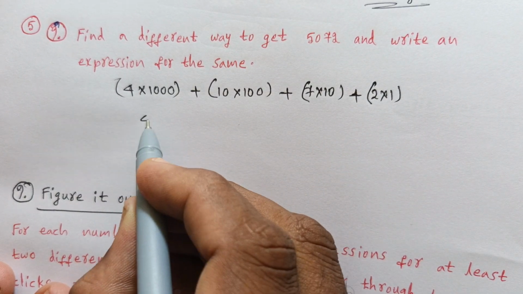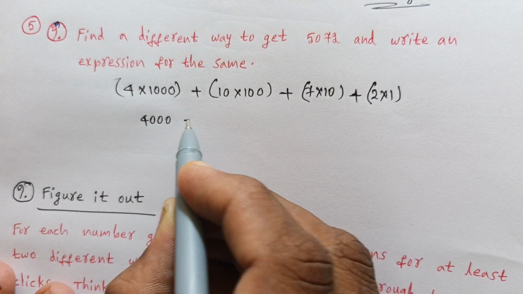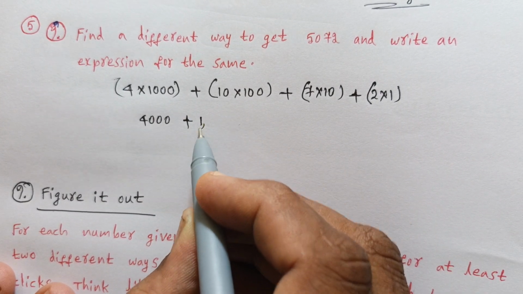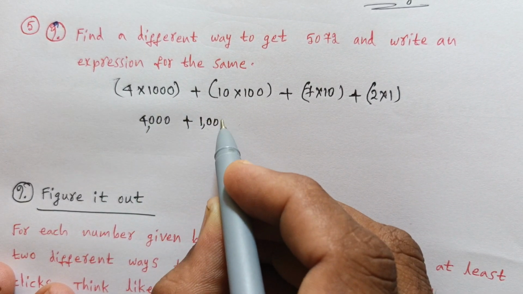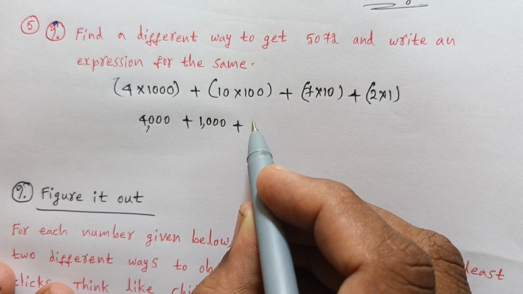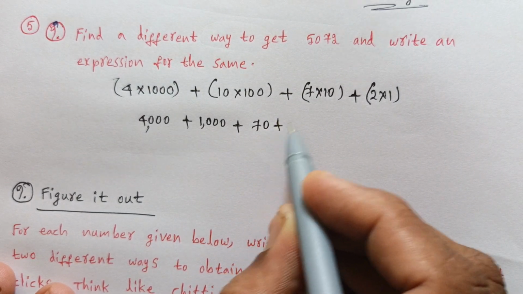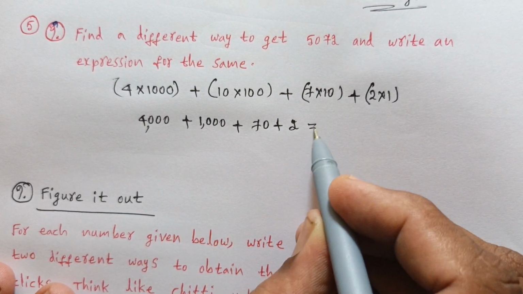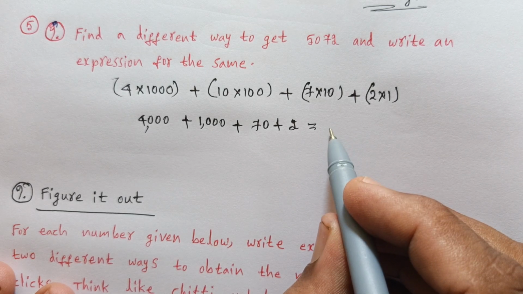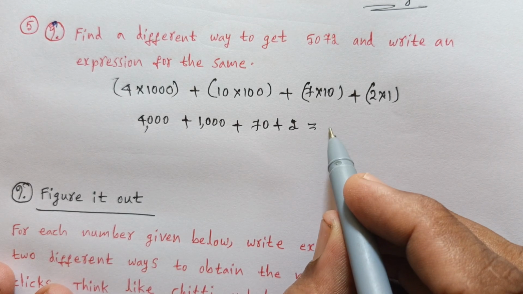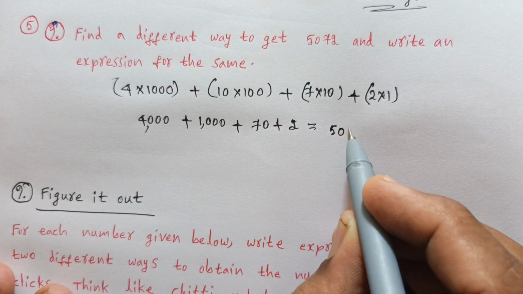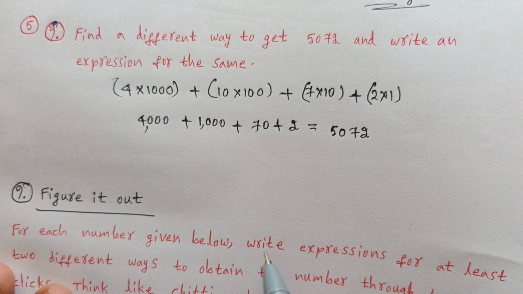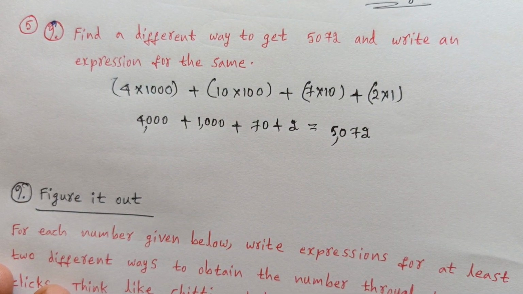So 4 into 1000 is 4000, plus 10 into 100 is 1000, plus 7 times 10 is 70, plus 2 times 1 is 2. If you add 4000 with 1000 with 72, the final answer is 5072. So this is another way of representing 5072.